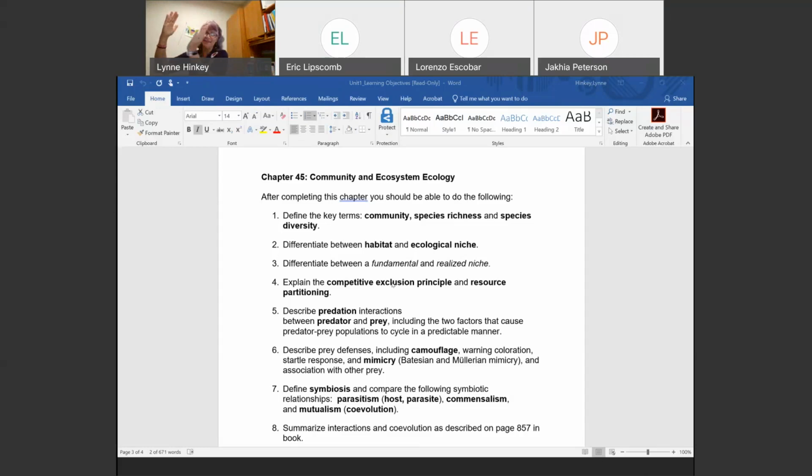Balanus was the better competitor, so it pushed off Chthamalus to this smaller area. So realized niche is what they actually get to do, because of other organisms, because of competition. So that competitive exclusion narrows down the realized niche, from everywhere they could live to where they can actually live because they're being outcompeted. Okay.